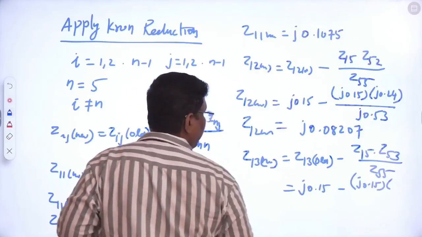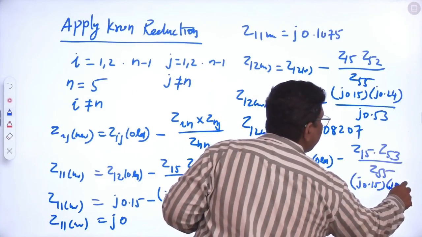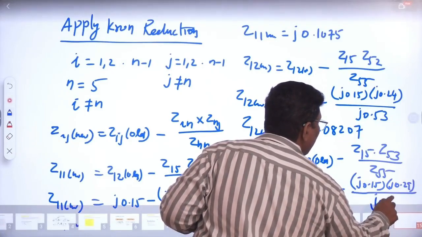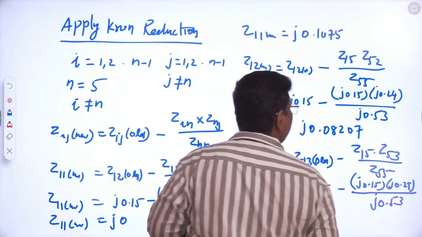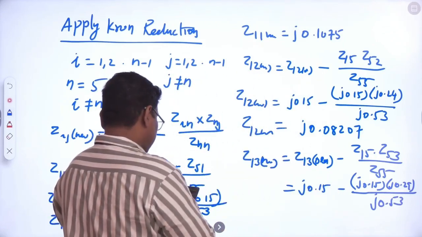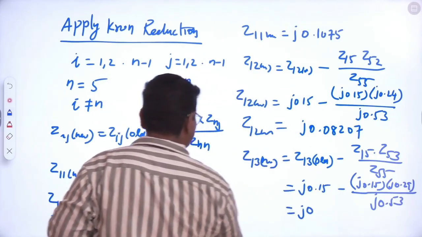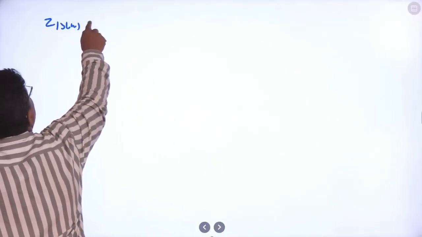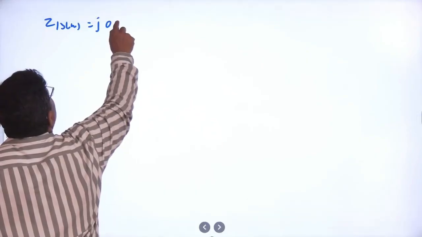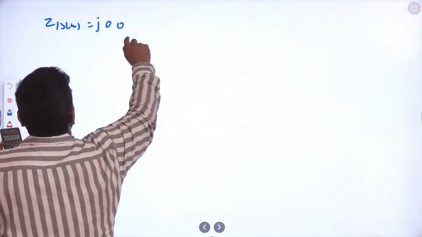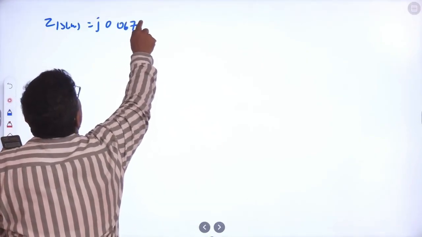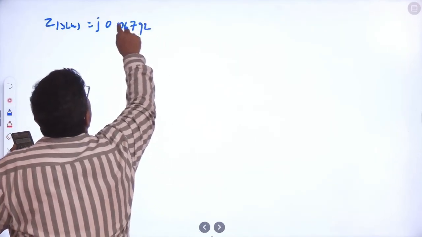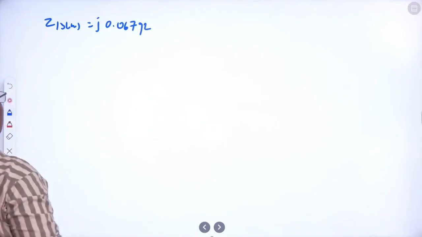Z53 is 0.29, divided by j0.53. We'll write it on the next page. So Z13 new is j0.0679. So this is the Z13 value.